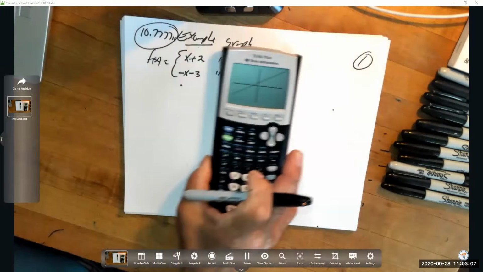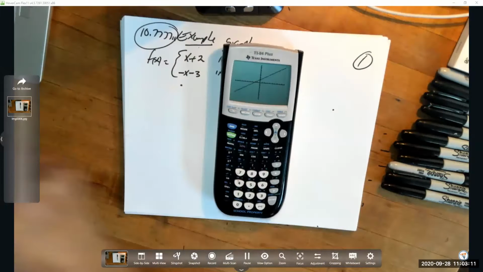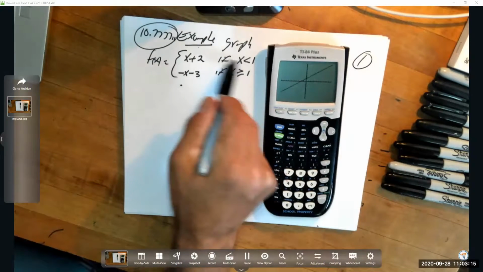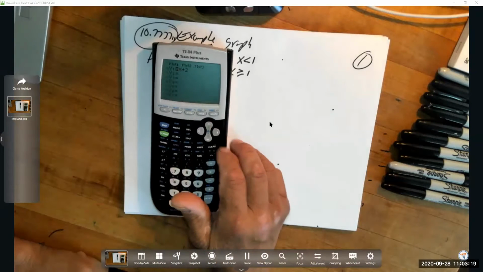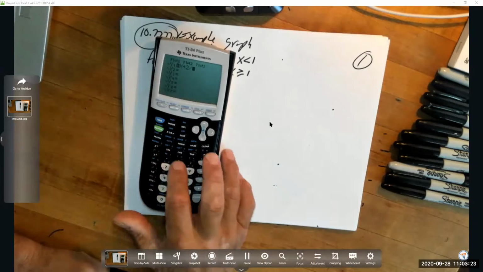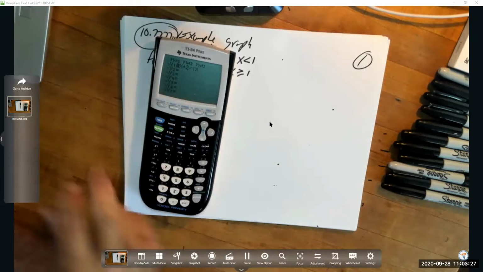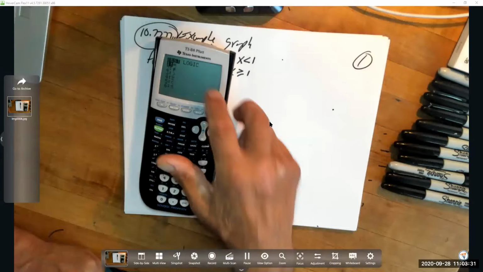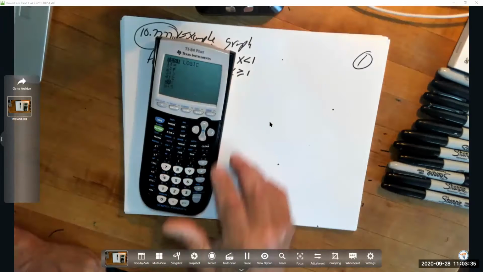But this one has the restriction, so really it looks like this. Go to Y= again, x plus 2, and then put a division symbol, parentheses, x, and then go Second and Math. You're going to see the less than, greater than, and all these other symbols. I'm going to pick number 5, which is the less than symbol, put the 1, and close it.